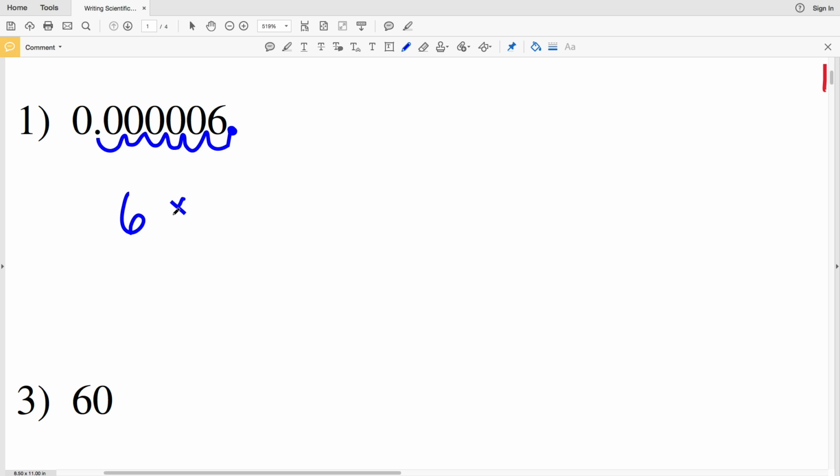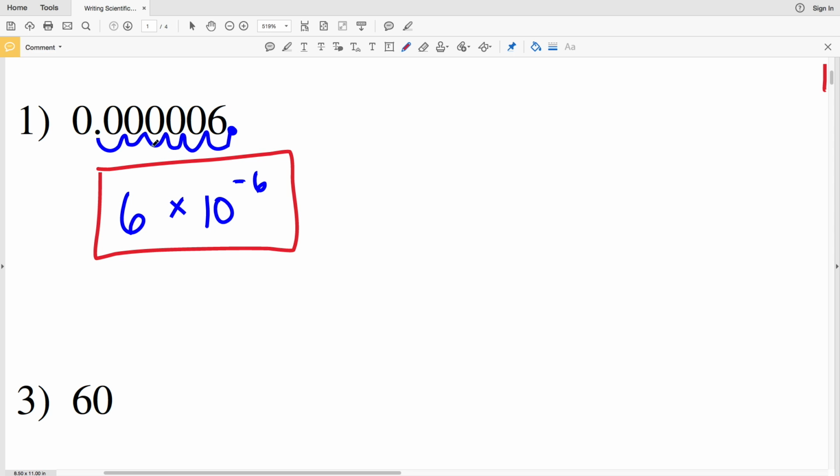So that's going to be 6 times 10, and we move the decimal place to the right, essentially increasing that value, but it was a very small decimal, so as opposed to writing 6 times 10 to the 6th, since we moved it 1, 2, 3, 4, 5, 6 times, it's going to be 6 times 10 to the negative 6.